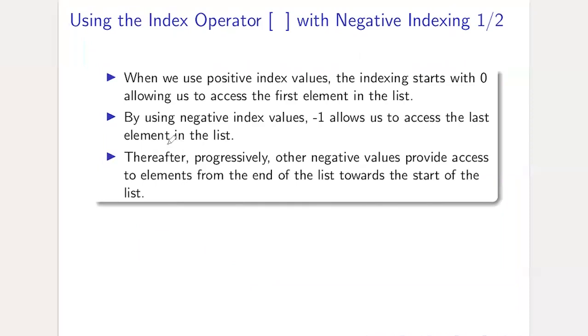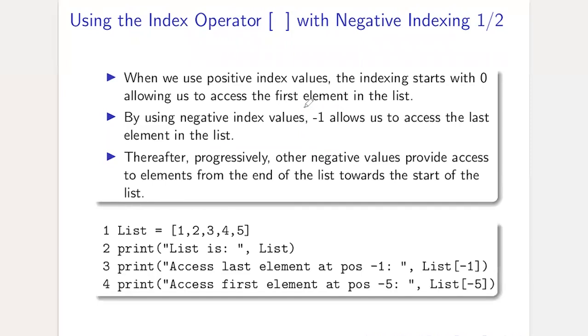You can use the index operator with negative indexing also. Just as you would use 0 to access the first element, with -1 you can access the last element. When you increase the negative value, progressively you come towards the beginning, similar to when you start with 0 and increase the value, you progressively go towards the end.